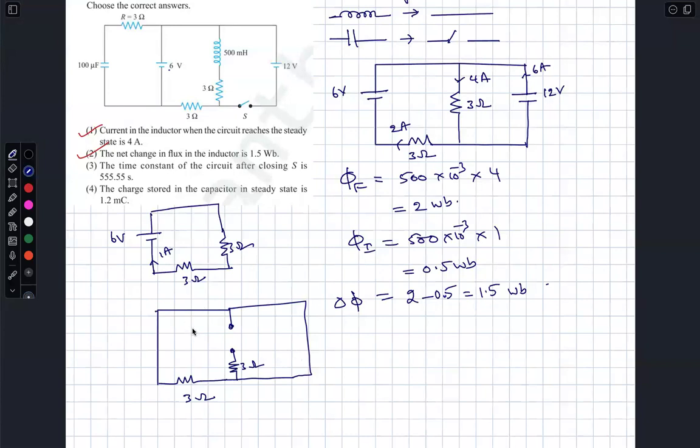When you have shorted it, this 3 ohm will vanish. So R effective across the inductor is 3 ohm. Okay, time constant is L by R.